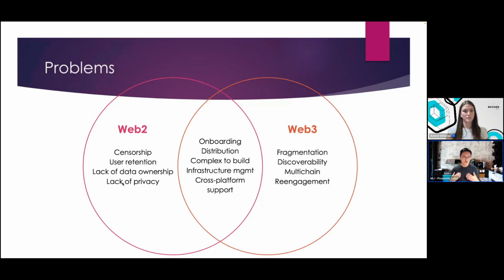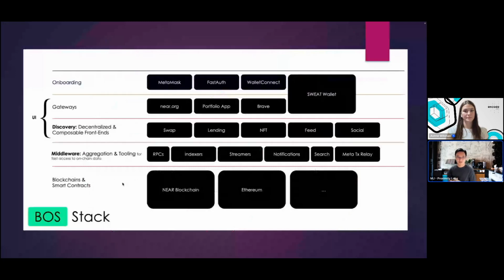So that's why we are trying to solve all these challenges with a unified solution in the blockchain operating system. And here is a high-level overview of how the BOS stack looks. As you can see, at the very bottom of the stack, we have the blockchain layer, right?